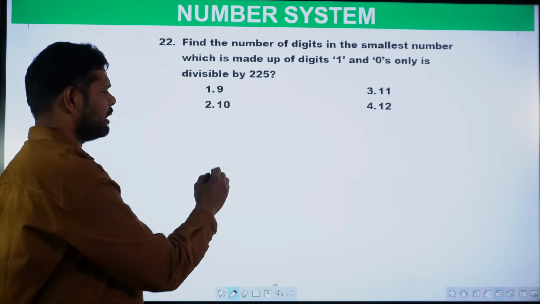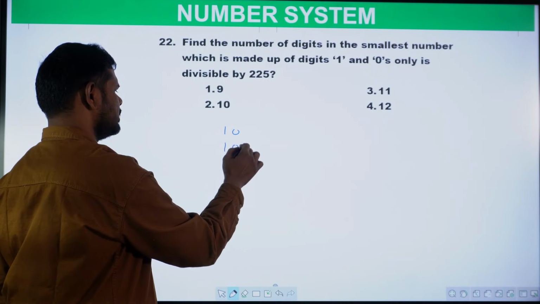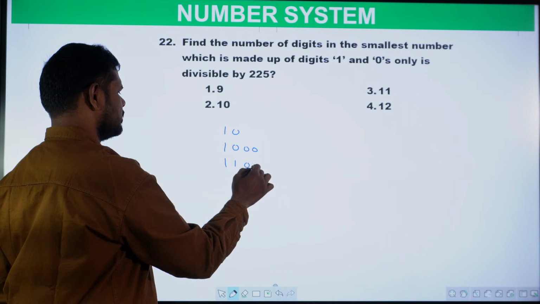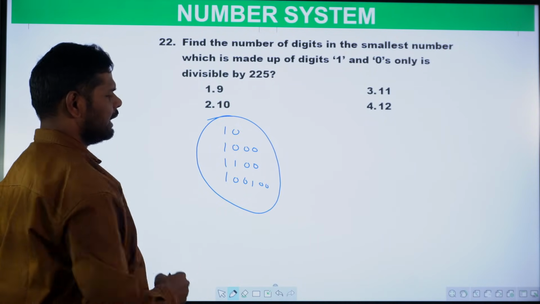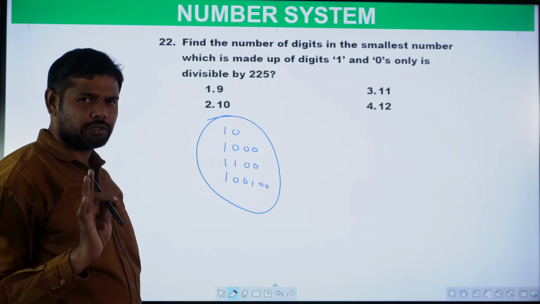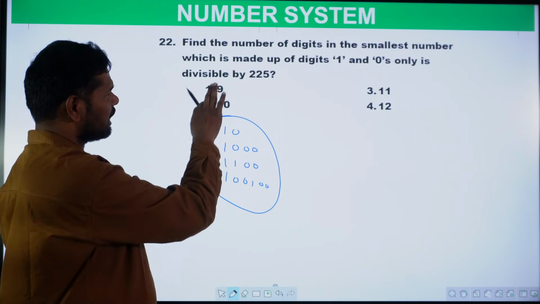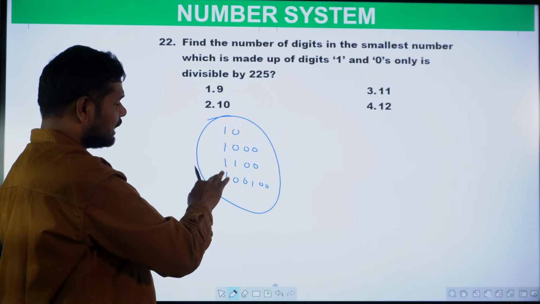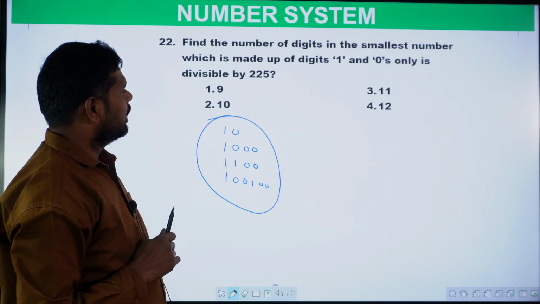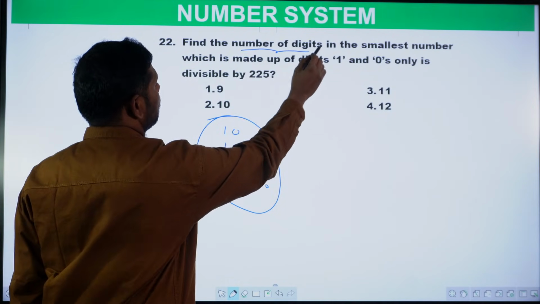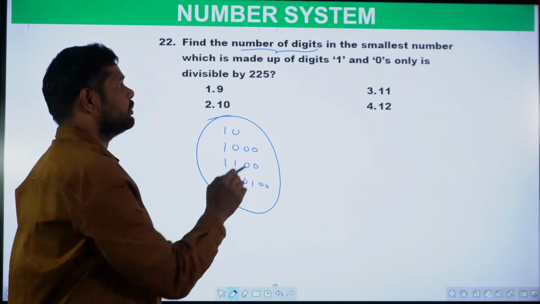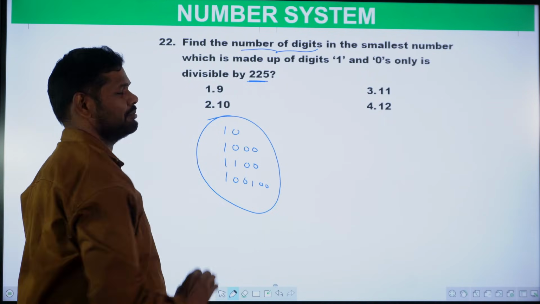It may be 10100 or 1100 or 100100, whatever the case, the entire number has only 1 and zeros. But in that case also, the smallest number has how many digits, which is divisible by 225? That is what they are asking.